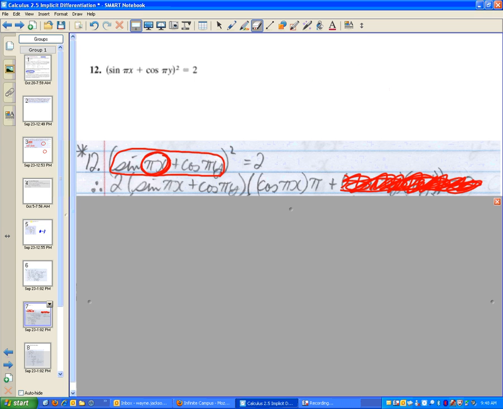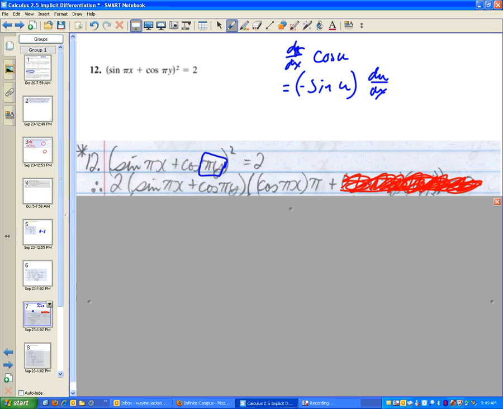Two things make this worse. Cosine, because everybody leaves off the negative. And then the u contains a y in it. So, to find the derivative of the cosine of u, it's negative sine of u times the derivative of u.